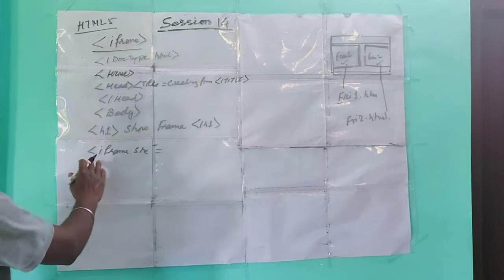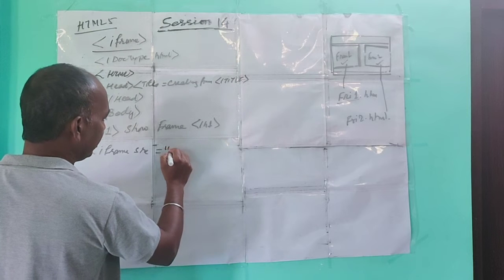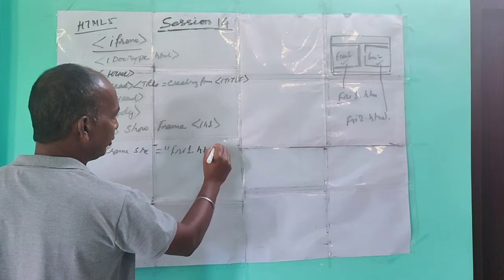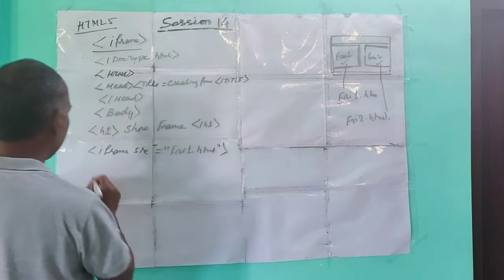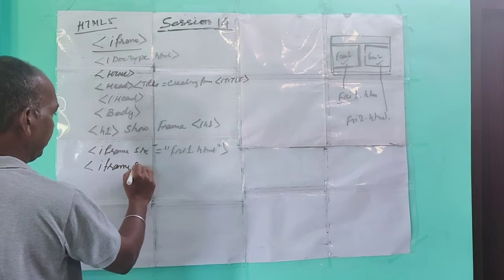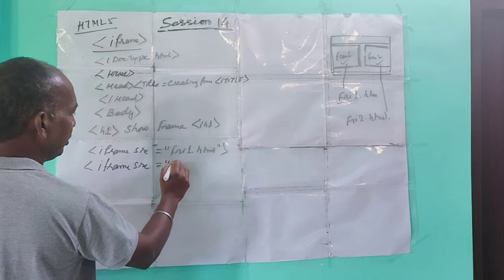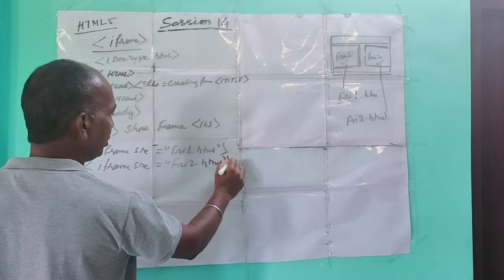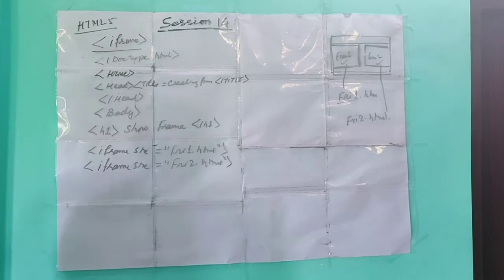So iframe src fri1.html, iframe src fri2.html. So here we bring two sources, frame 1 and frame 2.